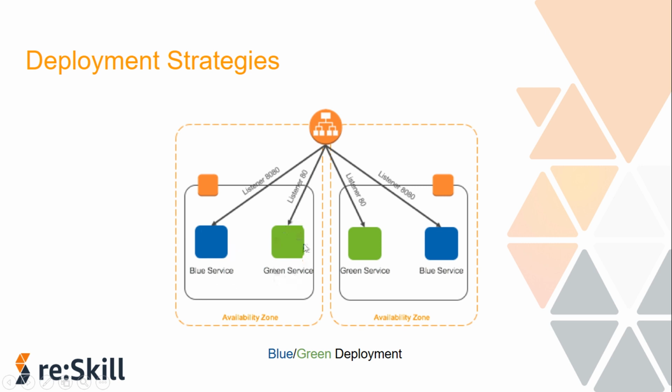Then the current one will become the blue one, which is right now the green service. A number of AWS deployment services support this blue-green deployment, including Elastic Beanstalk, OpsWorks, CloudFormation, CodeDeploy, and Amazon ECS.